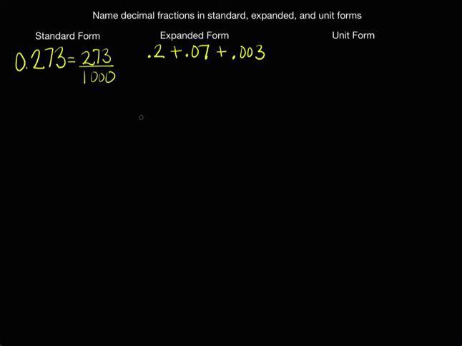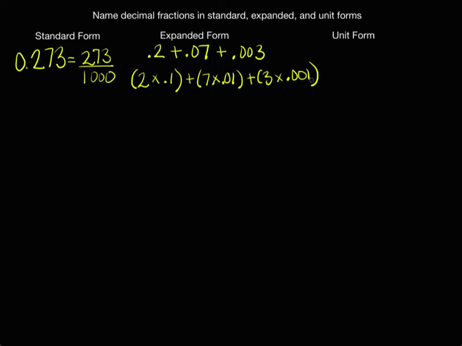Now I could expand it out a little further and do copies of these numbers. So for example, I could write that I have 2 copies of 1/10, plus 7 copies of 100th, and 3 copies of 1,000th.